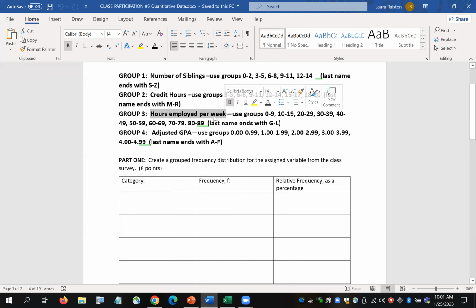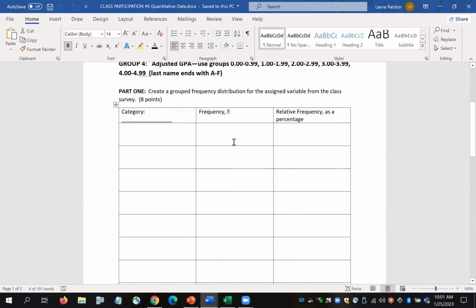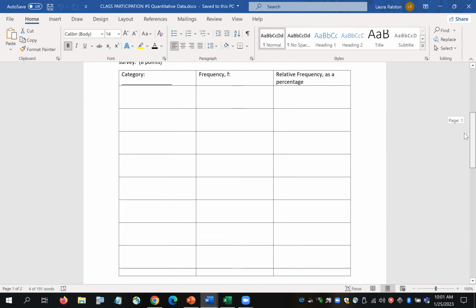That's the variable she's going to focus on. And Miss Ralston has given her the groups that should be written in column 1. Then she can figure the frequency and relative frequency.